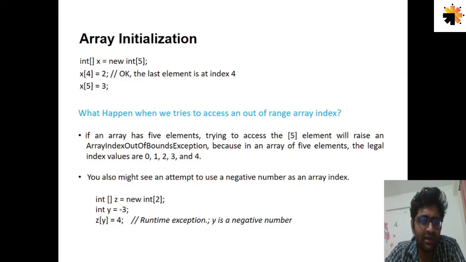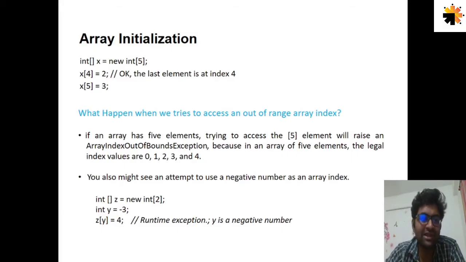And then in the next step, I'm assigning the value 3 to the 5th index. Now the 5th index is not present over here because it begins with 0 and ends at 4. So it gives us an array index out of bound exception. If I'm assigning a value to an index that is out of bounds, then it gives me an array index out of bound exception. So I can initialize a value like this.